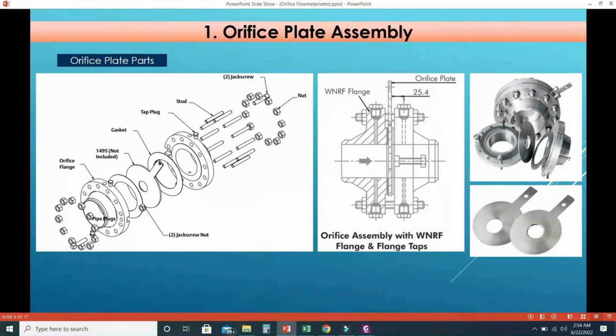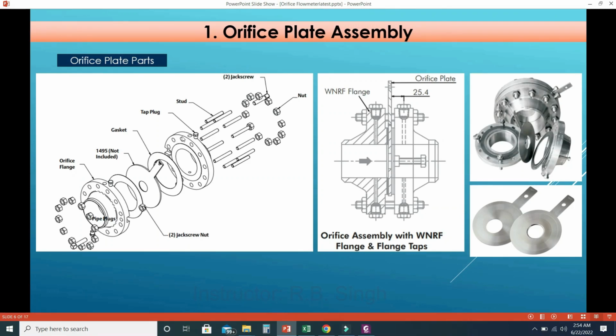Orifice plate assembly. So what are the parts of the orifice plate assembly? You can see there is a jack screw to align this orifice plate, and these are the nuts required. The number of nuts will be as per the ASME B16.5 flange. Then studs are required to connect these orifice flanges, and then this is the tap plug.